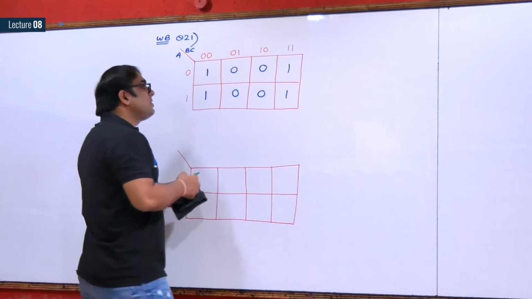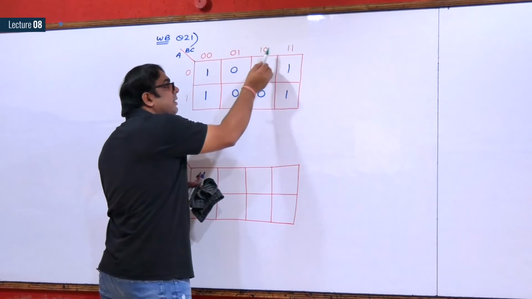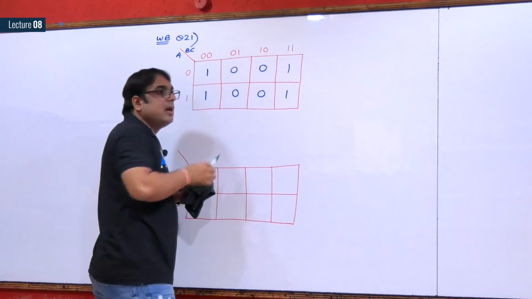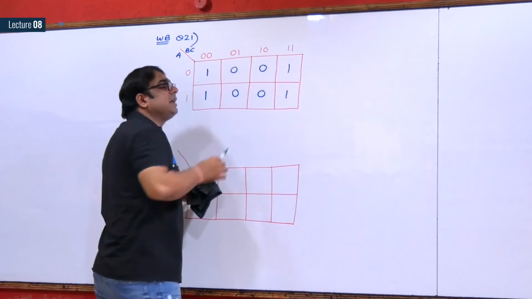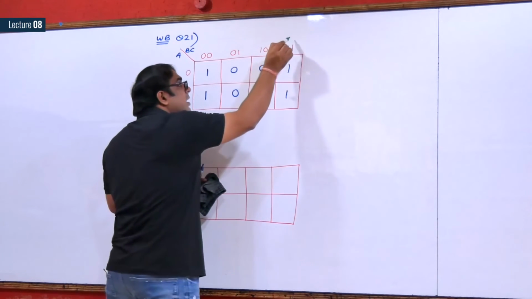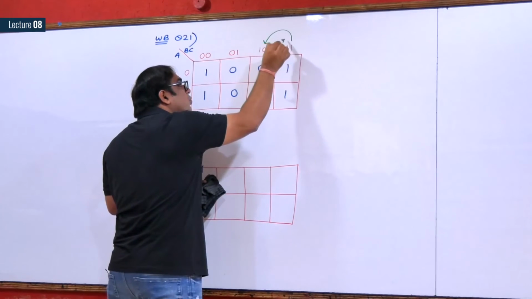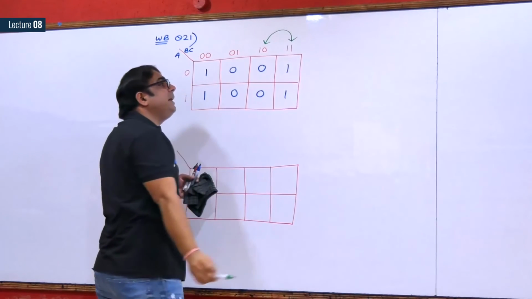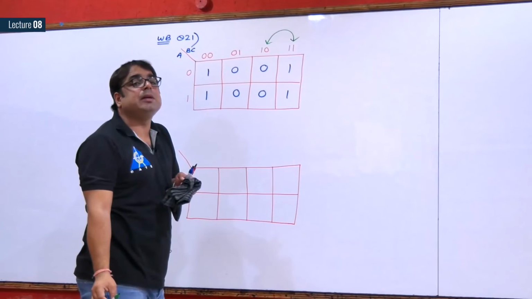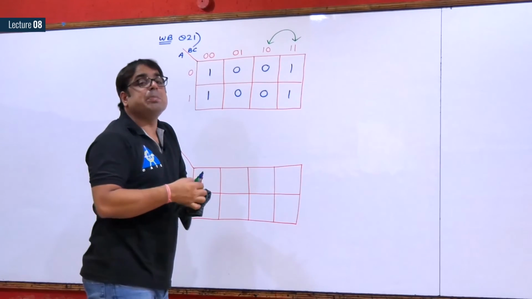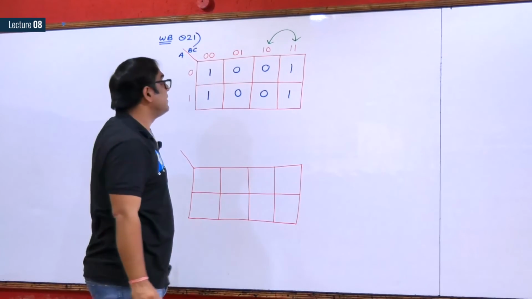Why? Because you can see 1 0 is written before 1 1. Actually, we have to shift these two columns with complete structure and all contents.